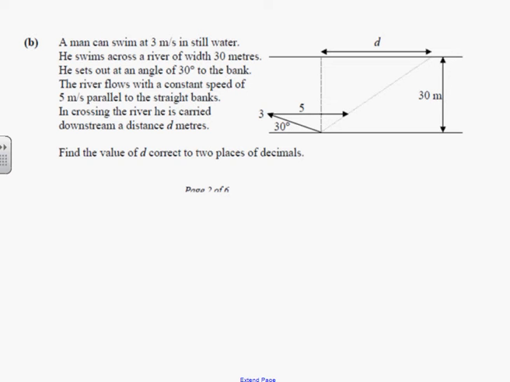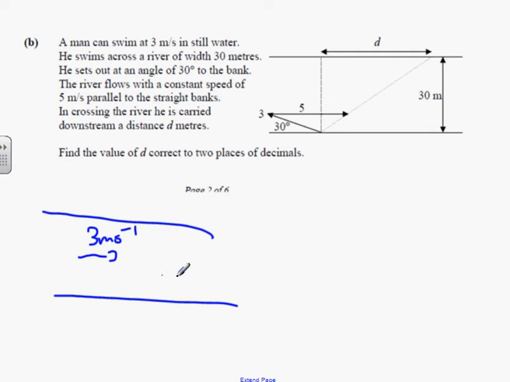Now guys, please remember that if I gave you a more basic example where I was able to swim 3 meters per second in still water and the river itself was going 2 meters per second, okay? The way to label this is velocity of river is 2 meters per second.